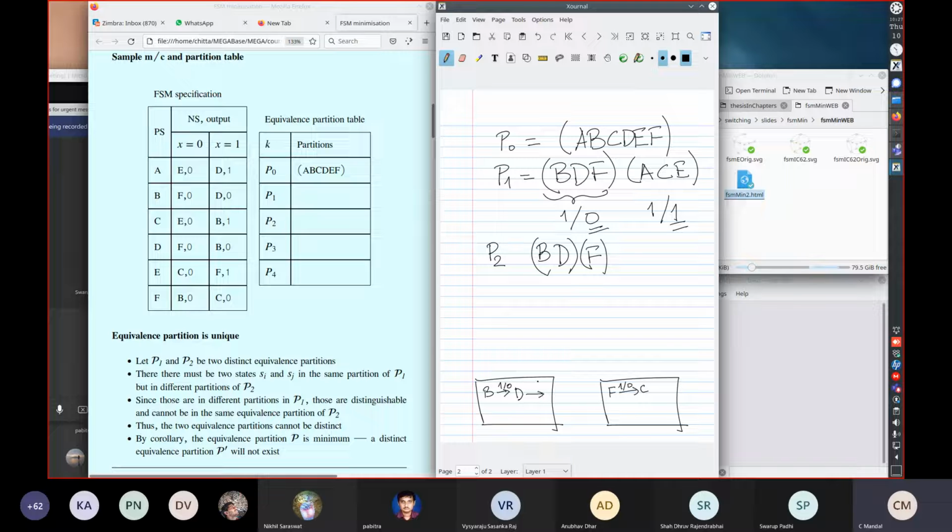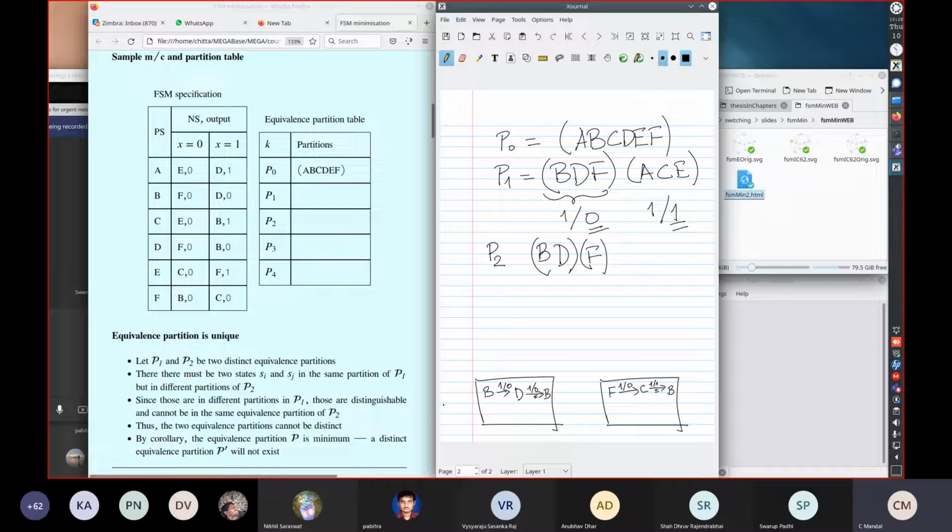So on 1, D goes to B, giving a 0. And C goes to B, giving a 1. All right, so as you can see, it is distinguishable now, right? This one gives a 0.